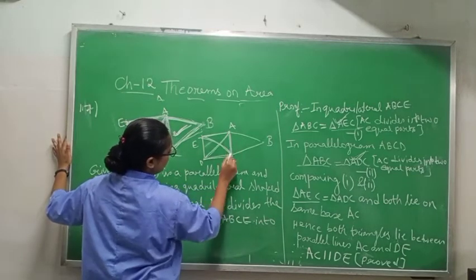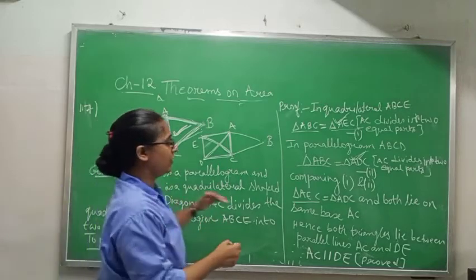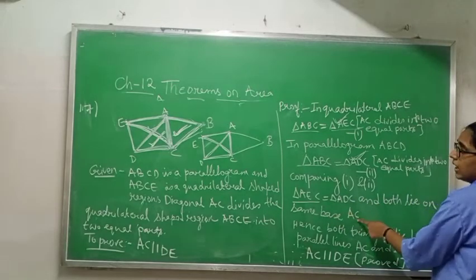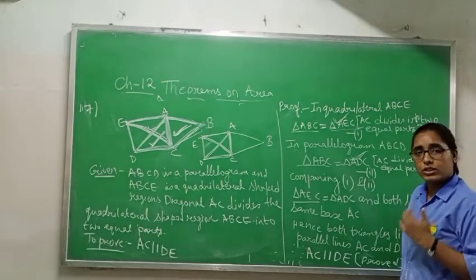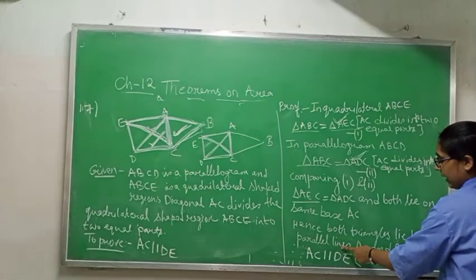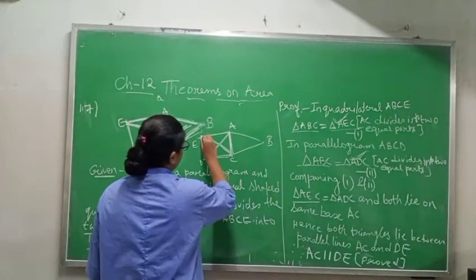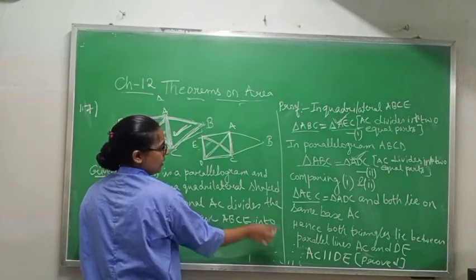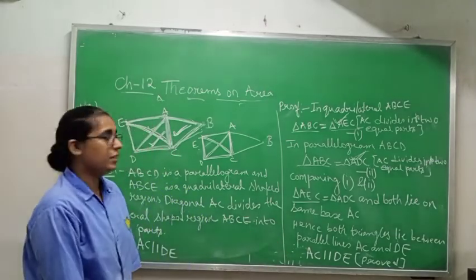Now see, both lie on the same base, and the base is AC. That is why I have written triangle AEC is equal to triangle ADC, and both lie on the same base AC. If both lie on the same base AC, it means that both lie between the same parallel lines. Hence both triangles lie between parallel lines AC and DE. Therefore AC is parallel to DE.